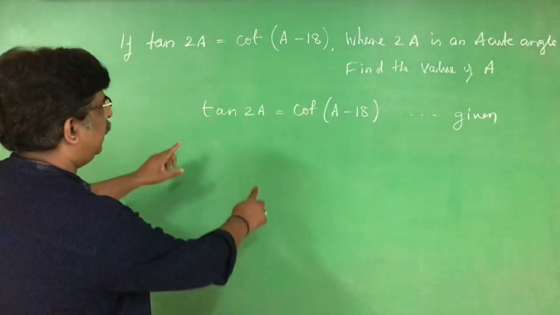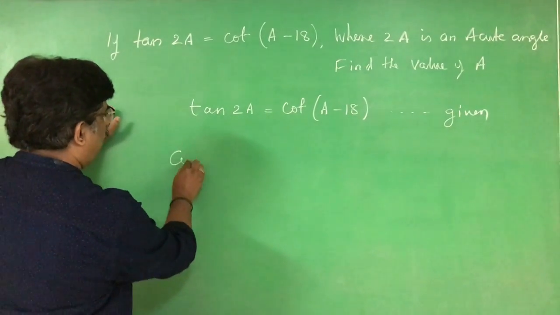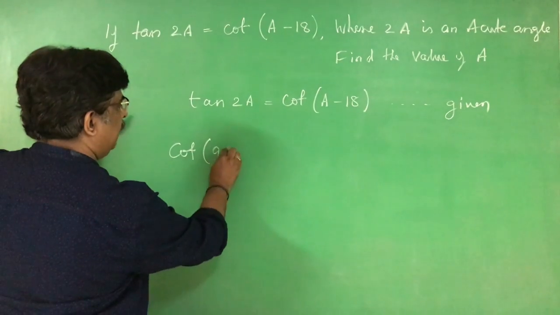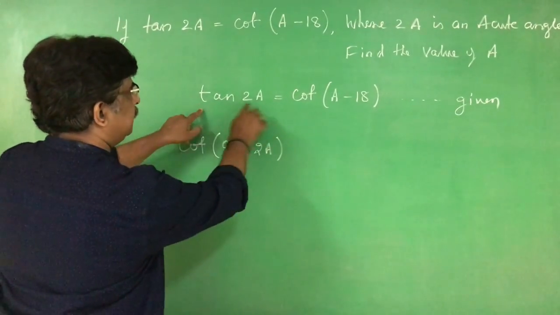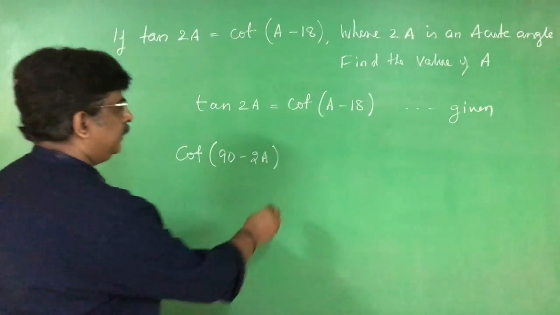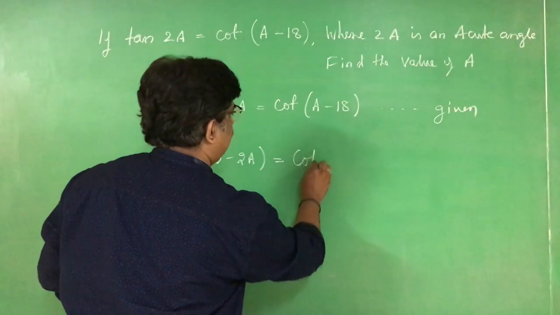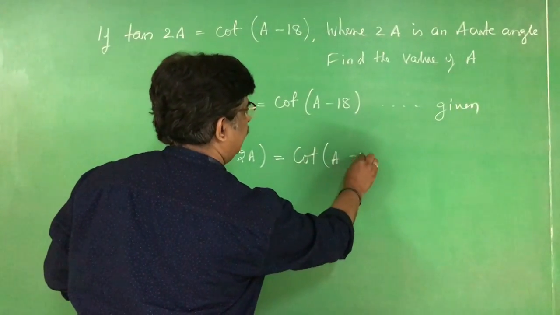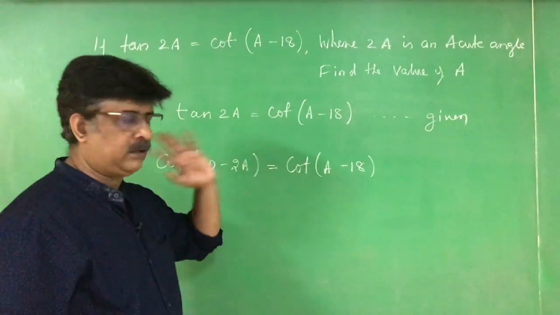Now what I do is, instead of tan 2A, I write cot(90 minus 2A). We all know that cot(90 minus 2A) is tan 2A. Here I don't change; I keep cot(A minus 18). Both sides should not change. One side changes, and both become cot.